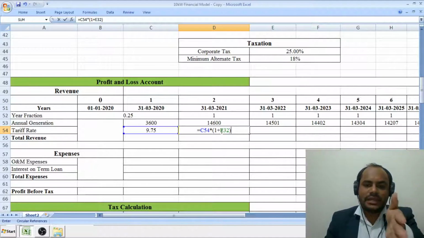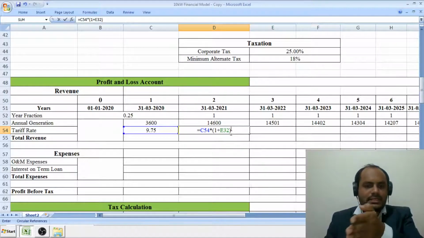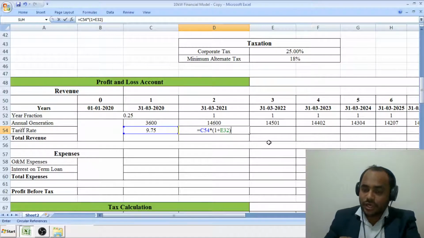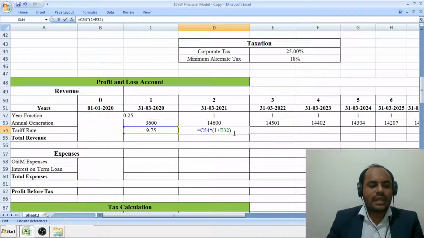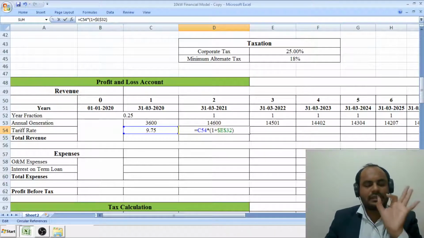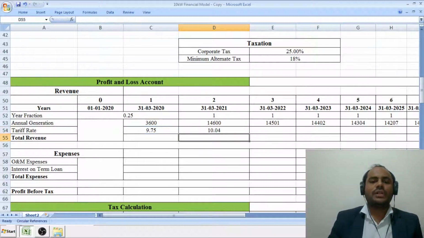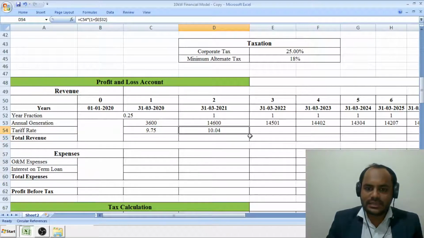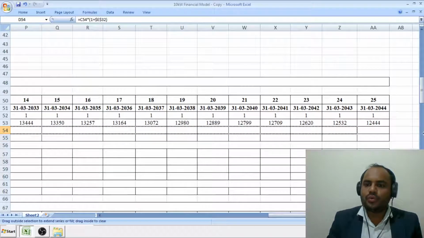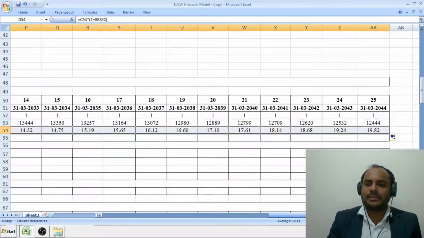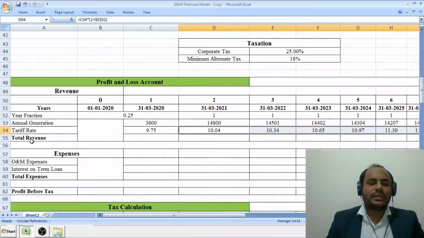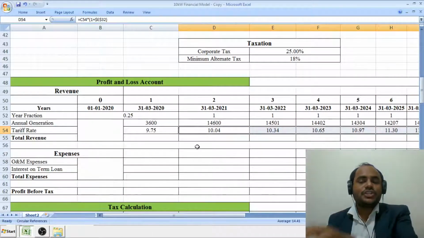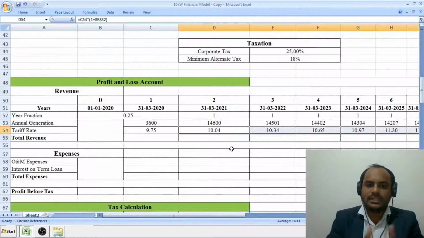We are using this 3% tariff escalation for the 25 years span over here. That is why we have to fix this value with the help of the dollar symbol. So this typical 3% cell will be common for all iterations. Select the cell and pull this column up to the 25 years span. So likewise we can calculate the tariff rate and the escalation in the price of the tariff rate over the span of 25 years.